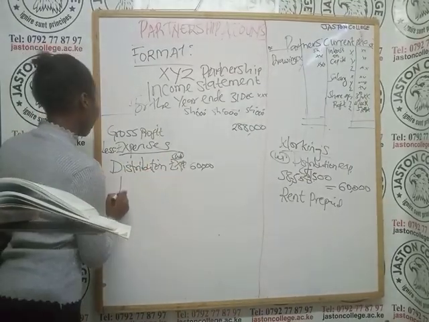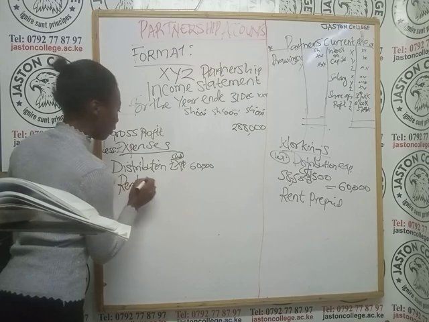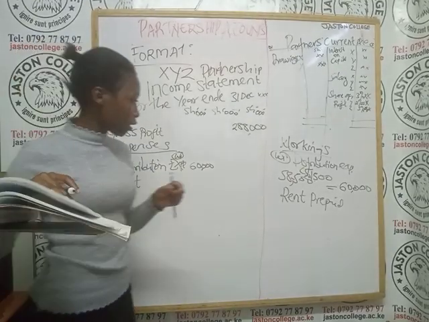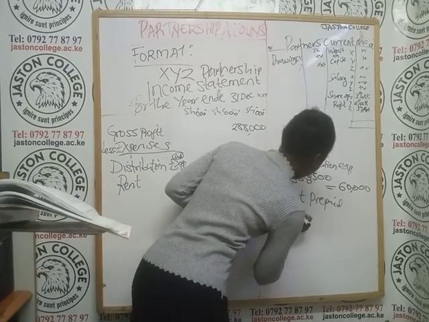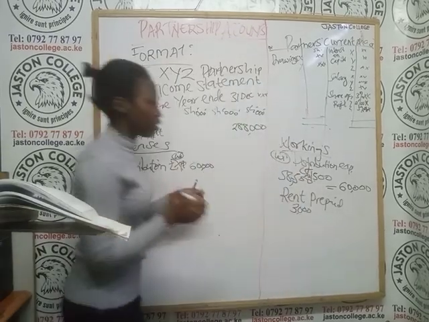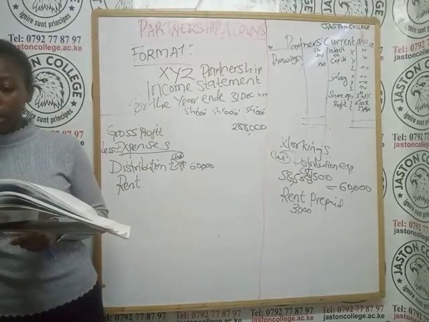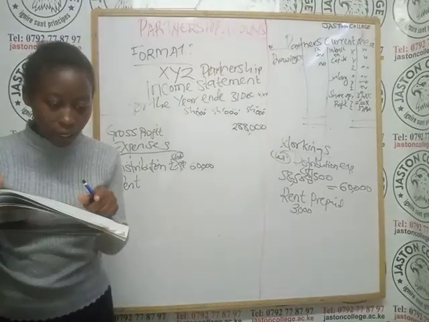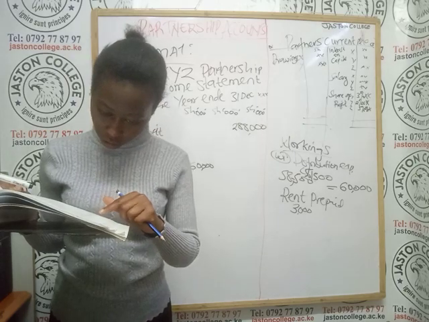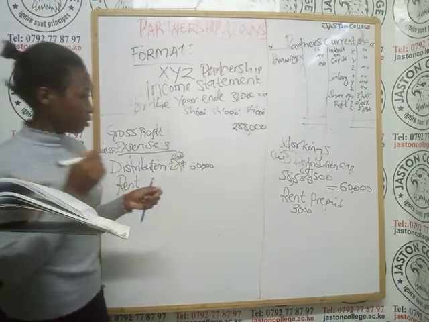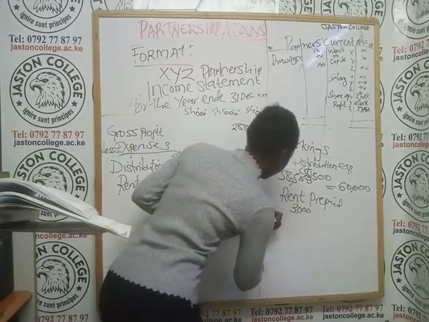We also have rent, and our rent prepaid, we are given 3,000,000. 3,000 there, I've omitted the zeros. 3,000 prepaid rent. Then we add what we have in the trial balance, 39,000.